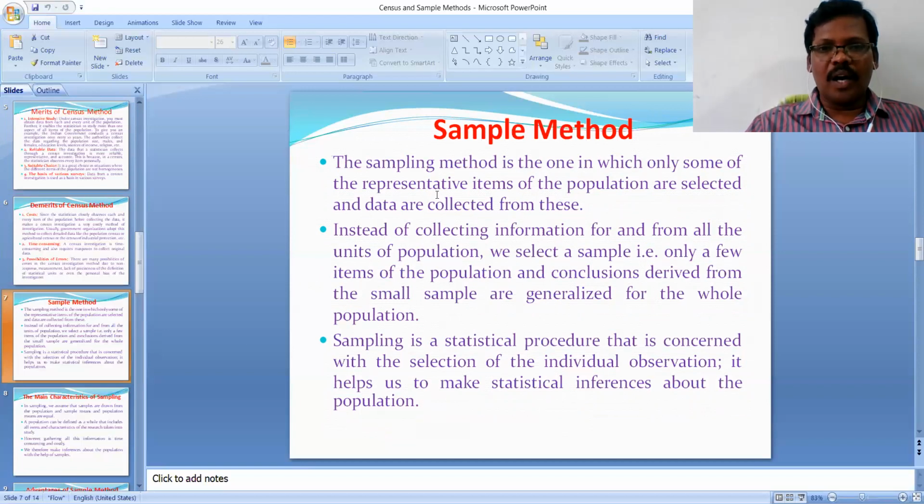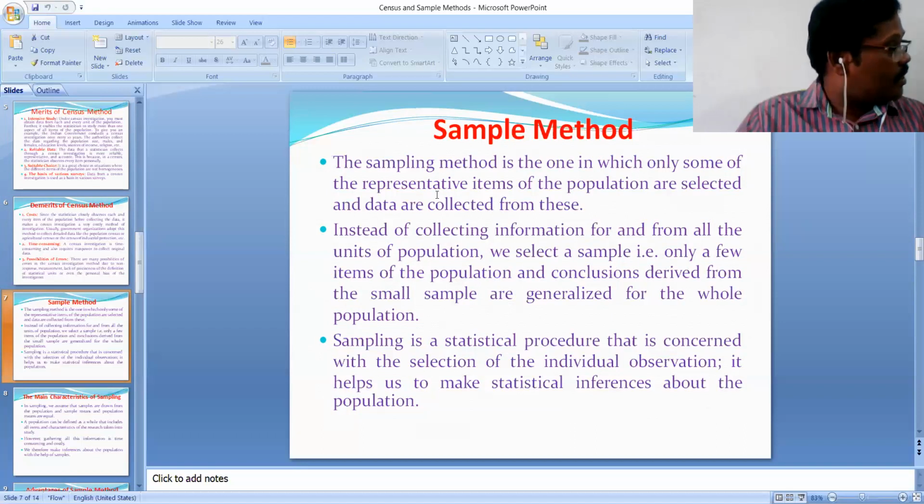The sampling method is the one in which only some of the representative items of the population are selected, and data are collected from these. So we are not taking the information from all the people. We are taking the information from only selected people in the case of the sampling method.